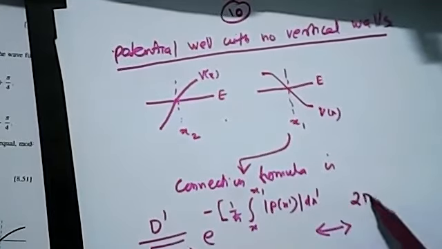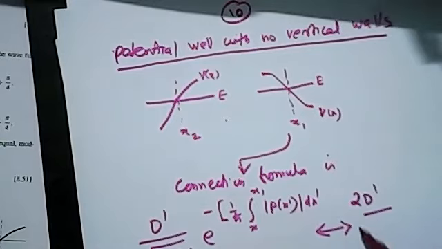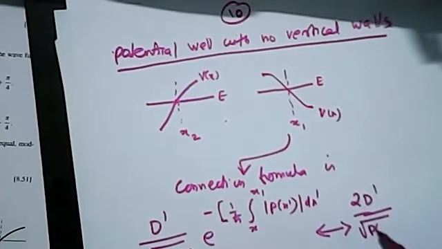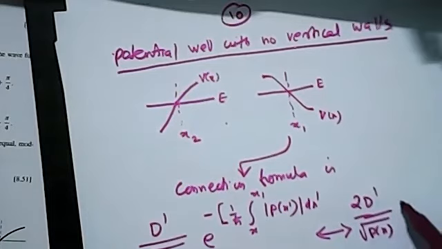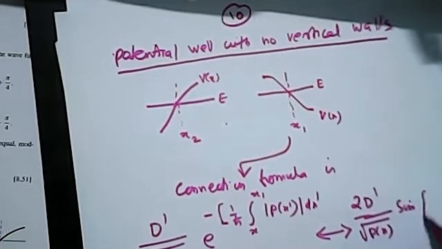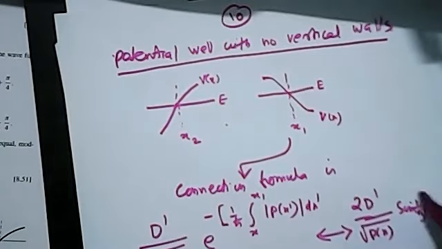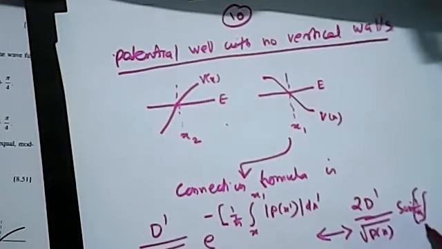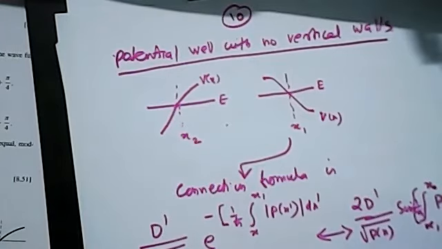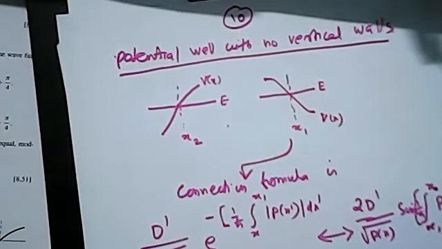That is 2D' divided by root of p of x, sine of 1 by h cross integral x1 to x p of x' dx' plus pi by 4.